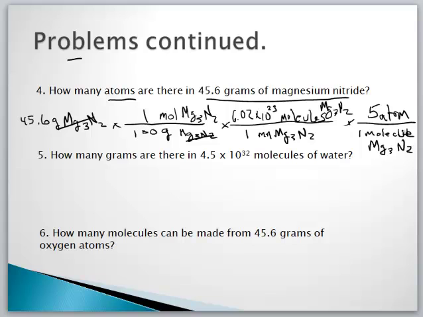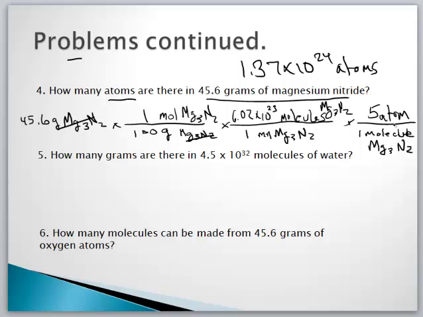So if we do the math here, 45.6 divided by 100 times 6.02 times 10 to the 23rd times 5, we're going to get 1.37 times 10 to the 24th atoms.